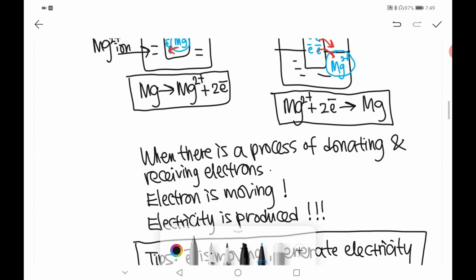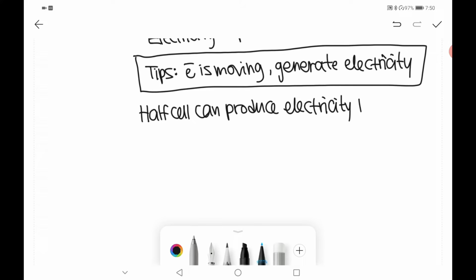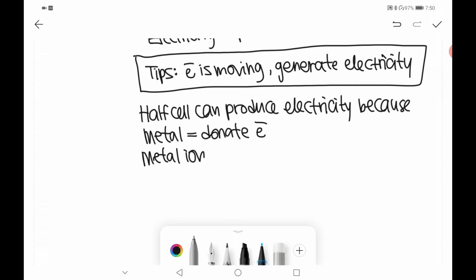Okay, so here let me put a final summary. A half cell actually can produce electricity, because for a half cell you can see the metal is donating the electron, and the metal ion in the solution is receiving electron.